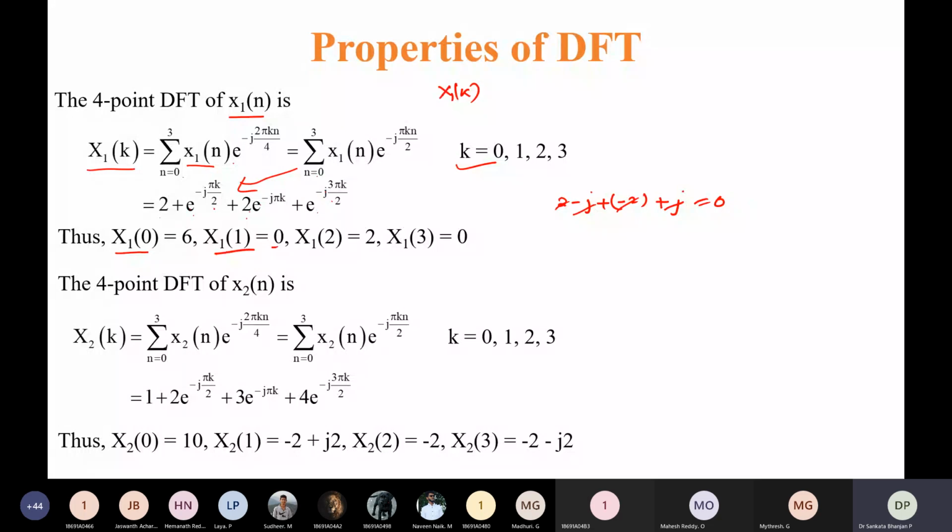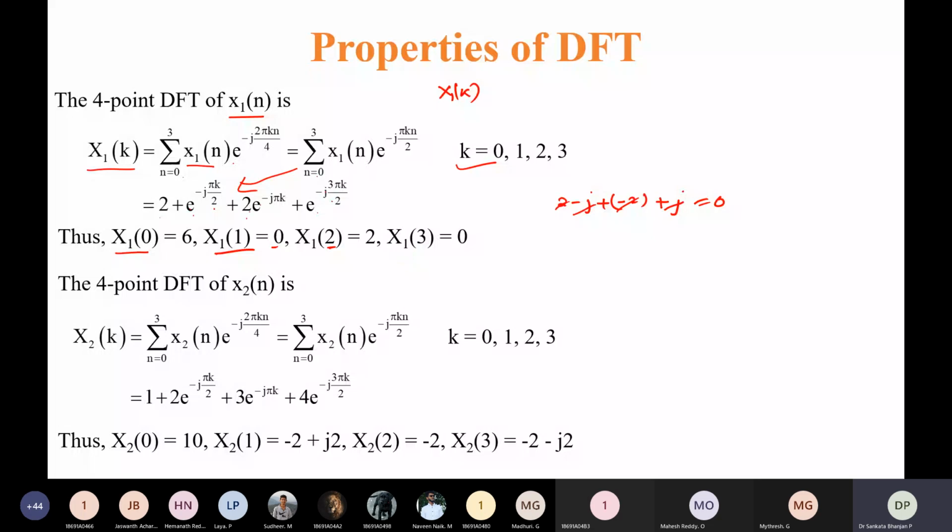Because we have already practiced so many problems regarding this, I am explaining this again. Next you have to calculate x1 of 2. When you substitute k is equal to 2, this is e to the minus j pi, and here this is 2 into e to the minus j 2 pi, so this is e to the minus j 3 pi.